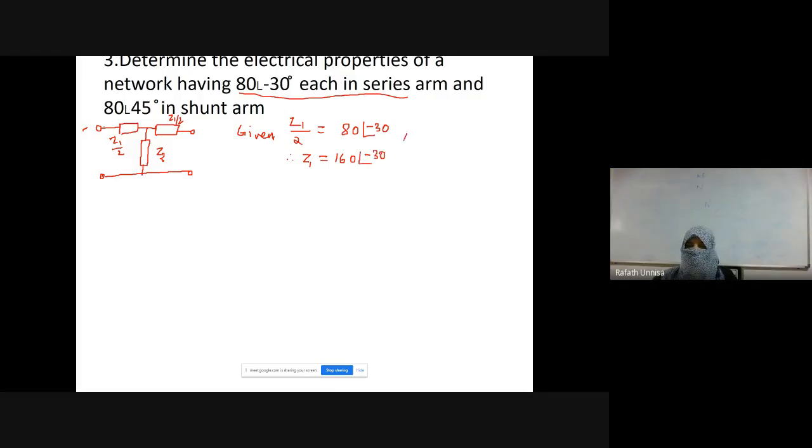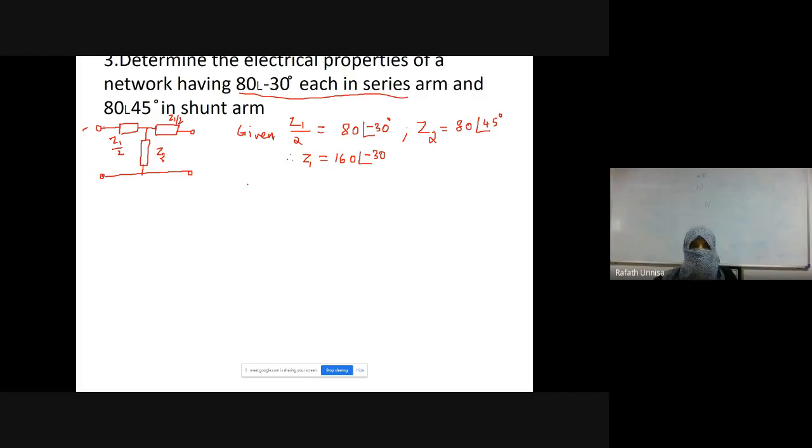And also it is given that Z2 is equal to 80 at an angle 45 degrees. Okay, so this is the polar form of data given for us in this particular problem.